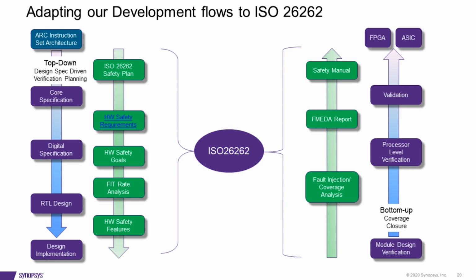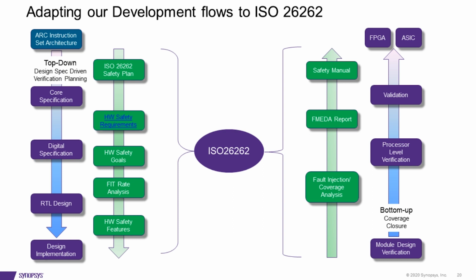Another aspect that's critical, and it's part and parcel with the systematic certification, is to make sure that the flows for developing an SoC are adapting to the ISO 26262 standard. If you look at a typical flow on the design side, you're moving from the instruction set architecture to the specification, to the digital SoC specification, and then off to the RTL design and implementation.